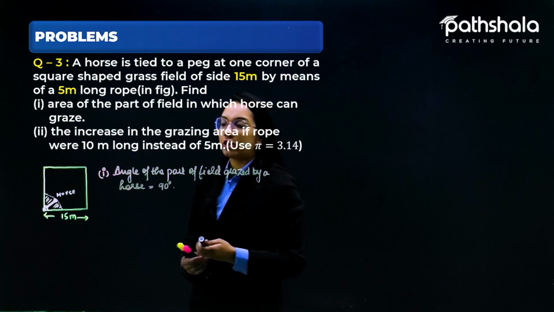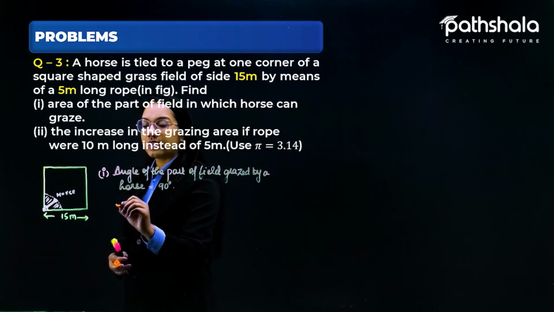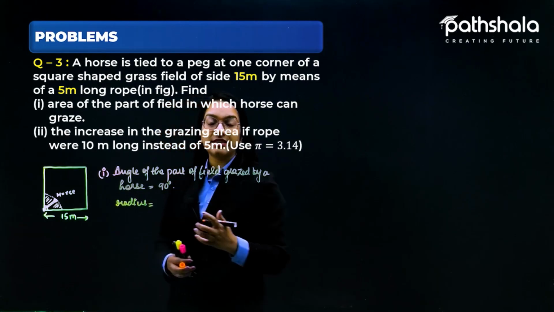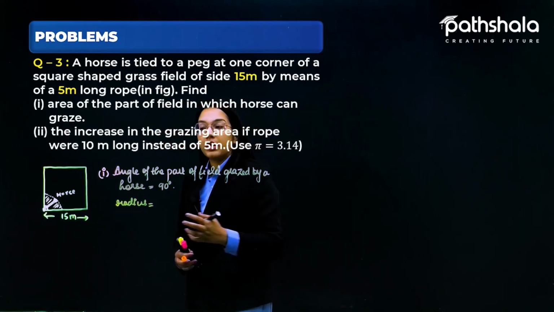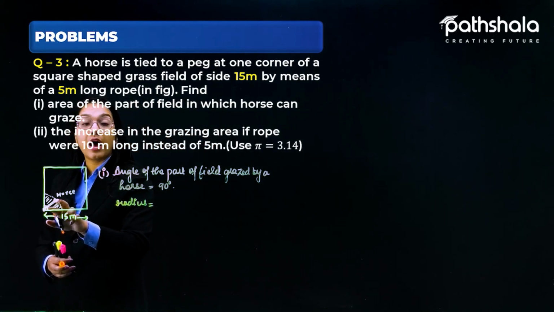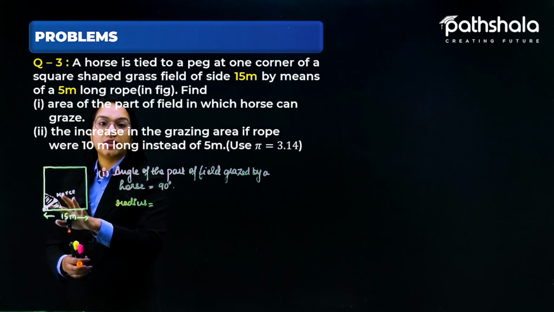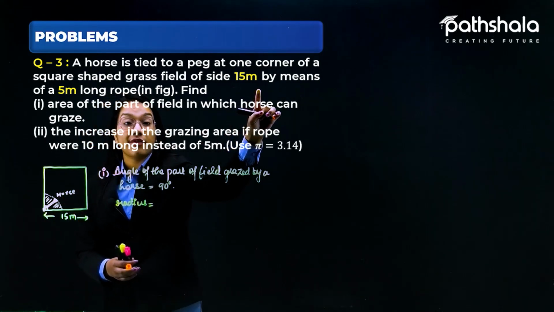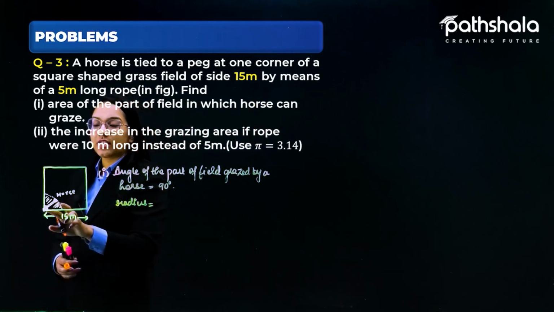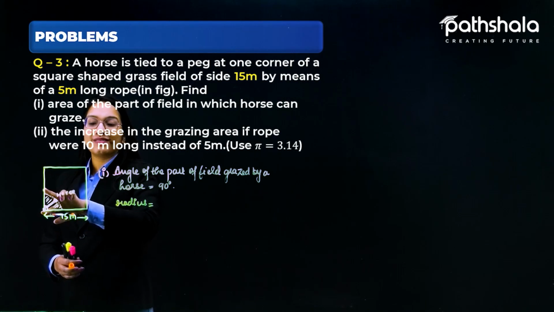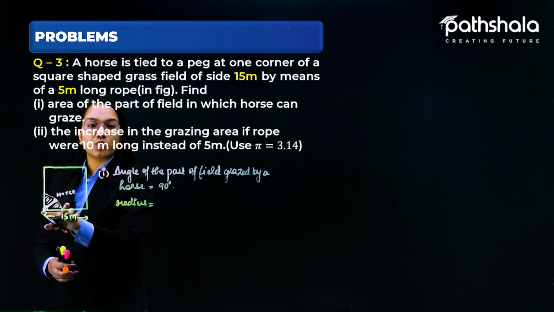Furthermore, we have the radius. The radius is equal to this particular length. We know that the horse is tied to this peg with this rope, a 5 meter long rope. So we know that this rope is 5 meters. The horse can graze within this area because the rope is only 5 meters.